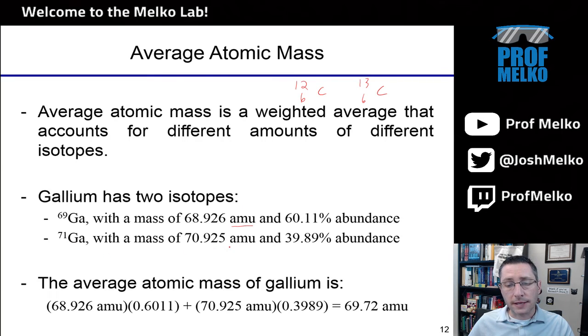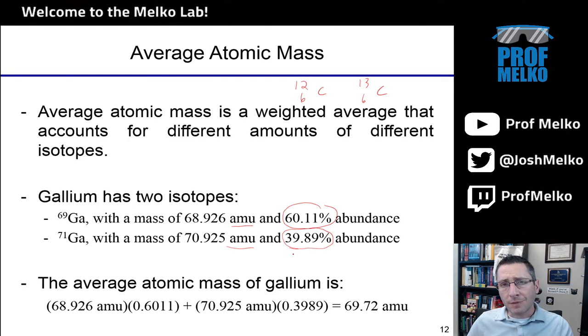Gallium-71 has a mass of 70.925 AMU. Now in nature, there's some gallium-69 and there's some gallium-71. It's not 50-50, not an equal ratio. Nature's not that simple. Instead, gallium-69 is in 60.11% abundance. The rest then is gallium-71.